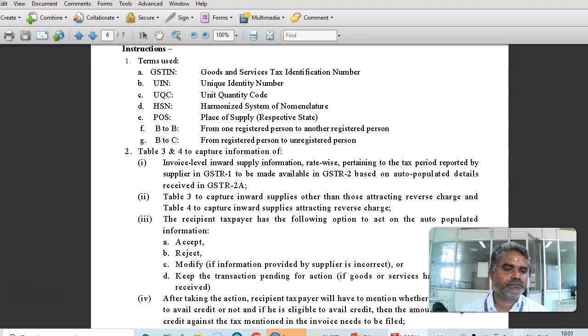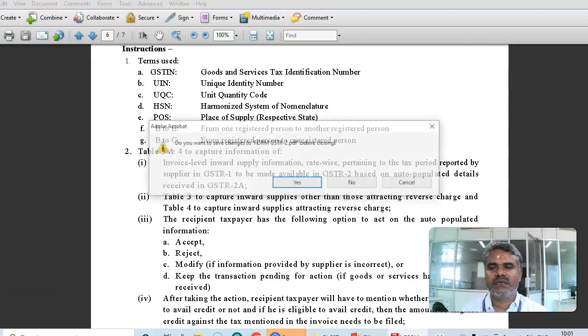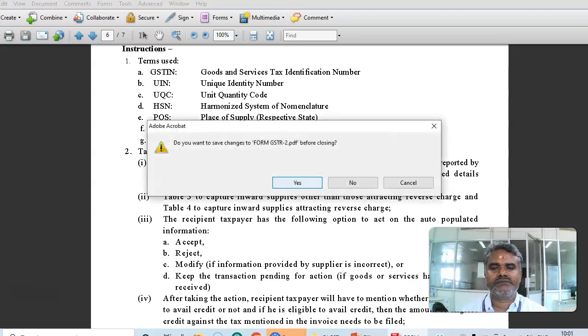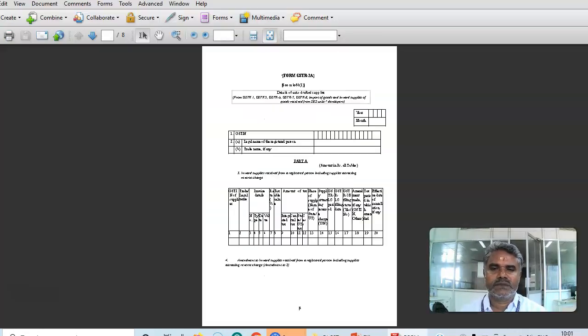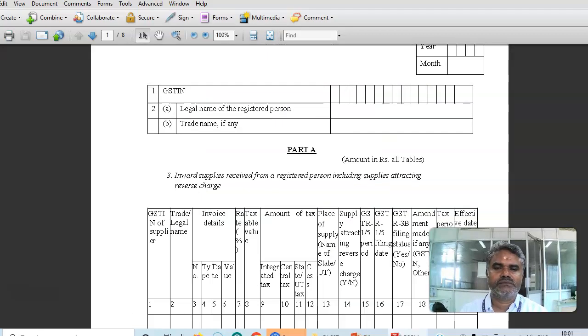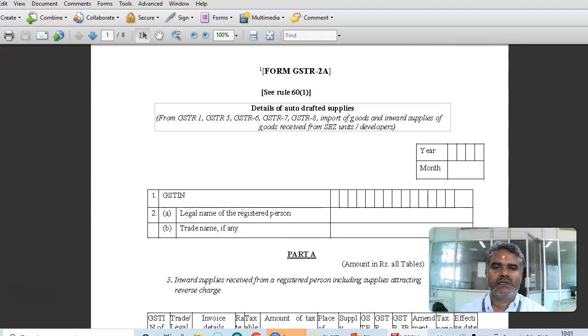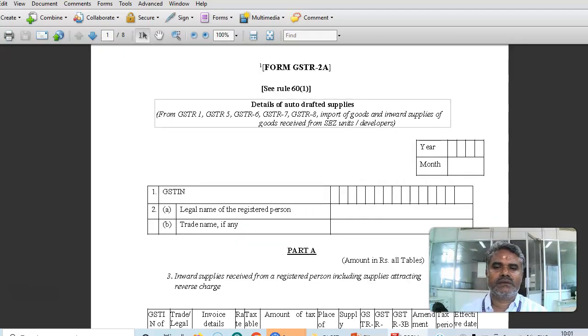Now I will show you GSTR 3. First, what is 2A? You have to see. 2A is the detail of auto-drafted supplies.